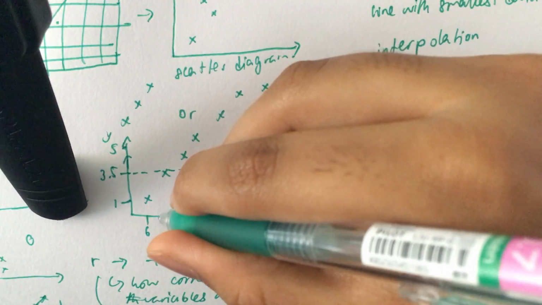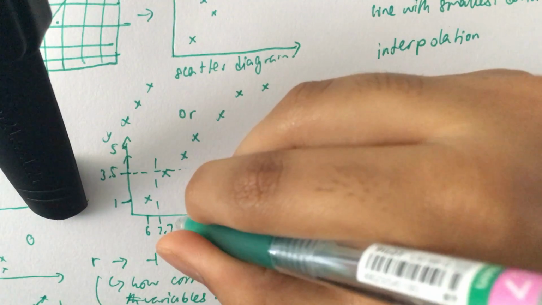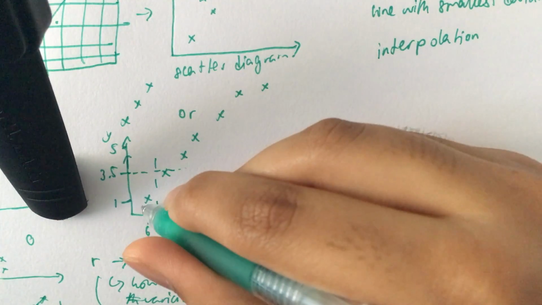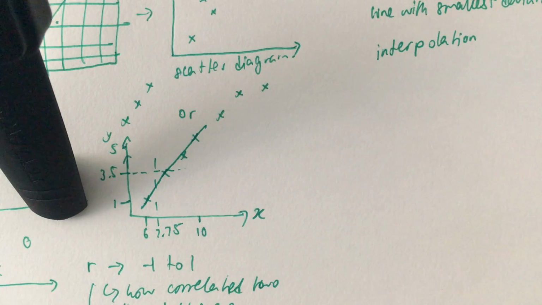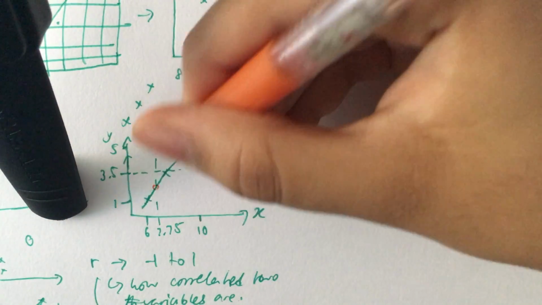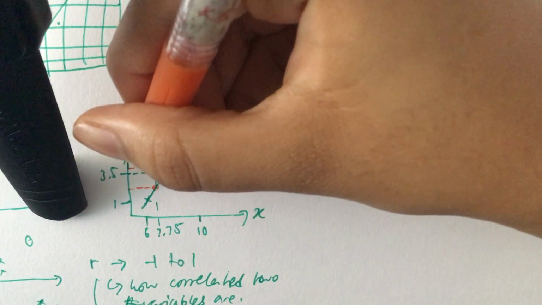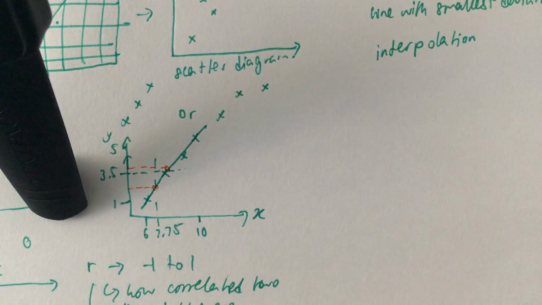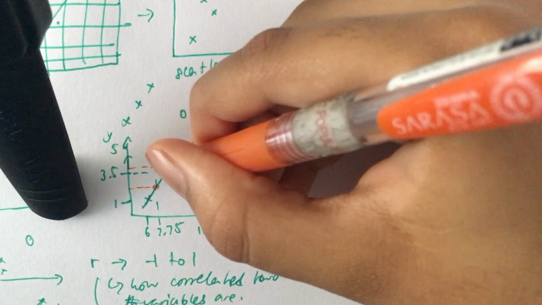But you don't really have a data point at that particular point, right? So what you do is you use the line to predict what the value of the other variable will be at this value. You can say, at x equals 7.75, what would y be? And you just use the equation you got, the ax plus b, or you can use the GC directly to find out what y would be at x.